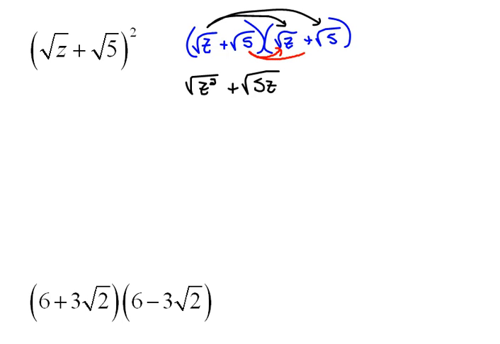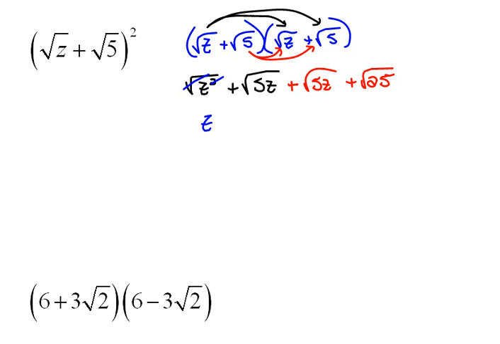Continuing to distribute, the square root of 5 times the square root of z would be the square root of 5 times z. And the square root of 5 times the square root of 5 would be the square root of 25. Now we can start simplifying and combining like terms. The square root of z squared, those will undo each other.